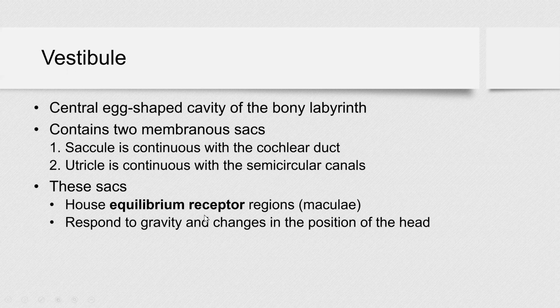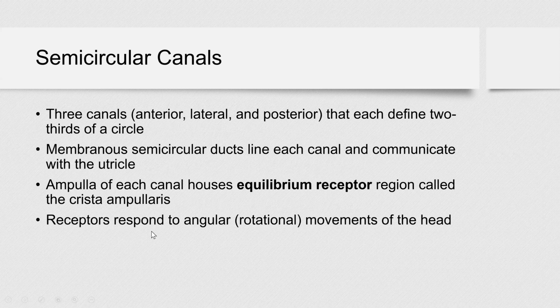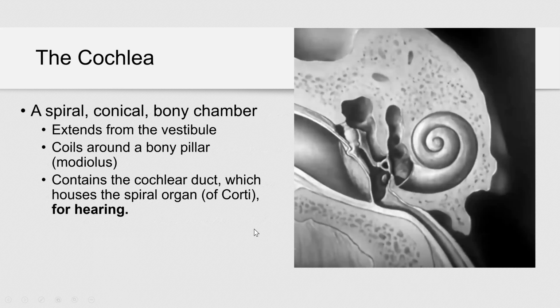Now, semicircular canals respond to angular or rotational movement of the head. If you close your eyes, you're sitting on a chair that can rotate, and somebody rotates your body, you don't need to have your eyes open to feel this rotational movement. That's the semicircular canals.